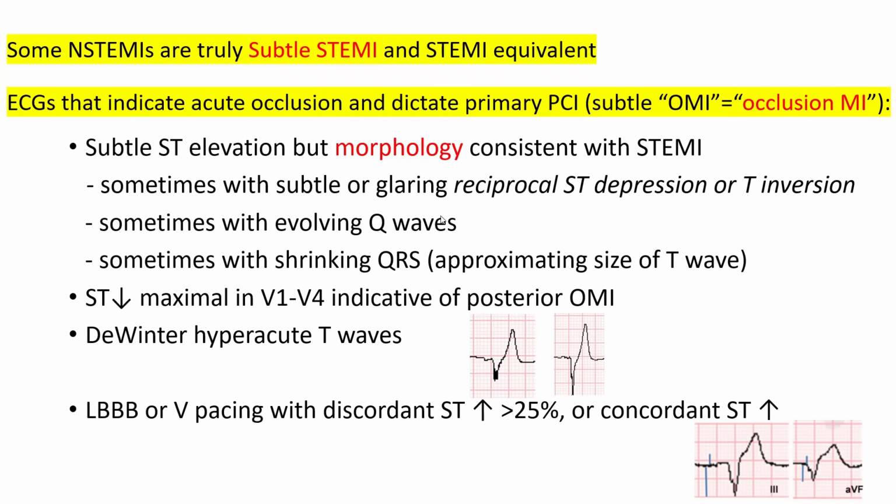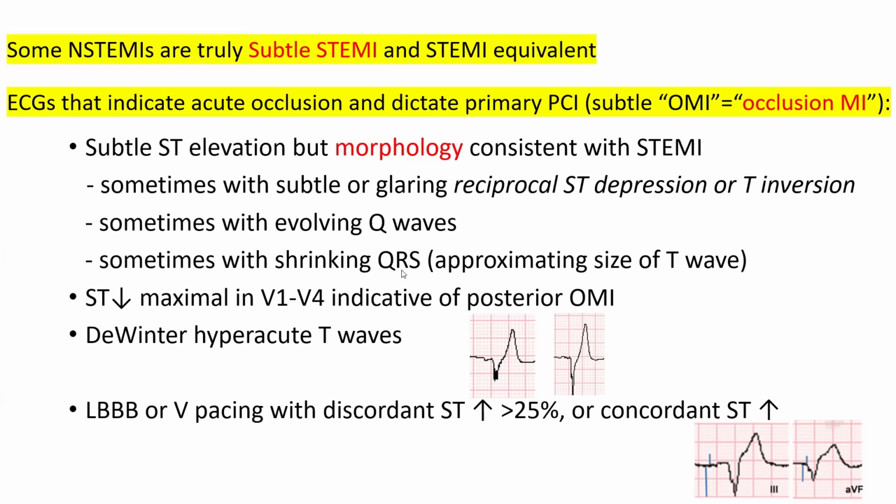Or sometimes you have evolving Q waves, or sometimes you have a shrinking QRS. Before you get Q waves in ST elevation injury, you get a shrinking of that QRS. That area where the muscle is dying or getting stunned becomes electrically inert.